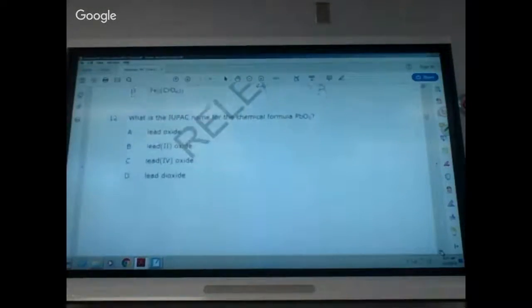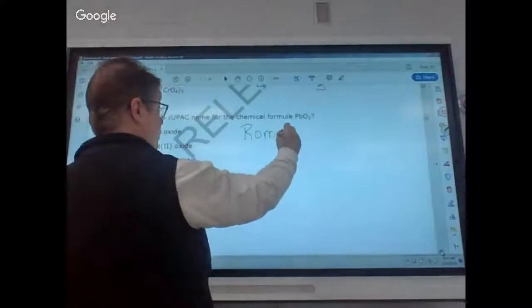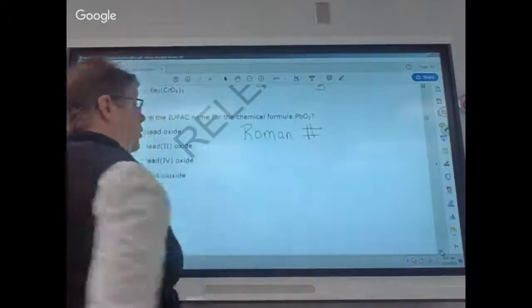See how it uses that IUPAC stuff? Don't let it throw you off. All right, is lead in group 1 or group 2? Is it neither, right? Is it zinc, silver, or aluminum? No. It tells you it needs a Roman number. That's why I pointed that out to y'all. It's going to need a Roman number.